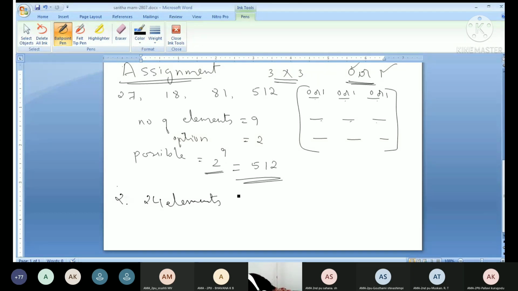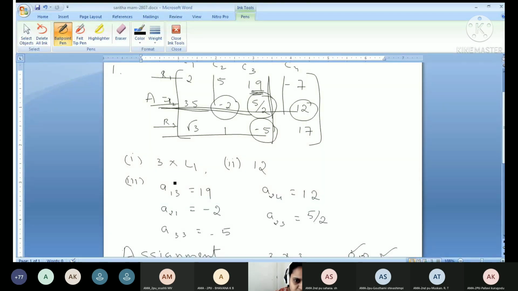One minute, A21. In the first question, A21. Yeah, correct. Look at this question. It is A21. A21 means here it is 2, it is 1.